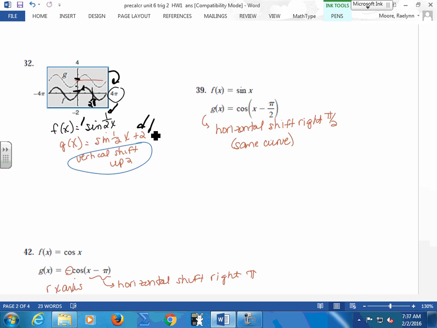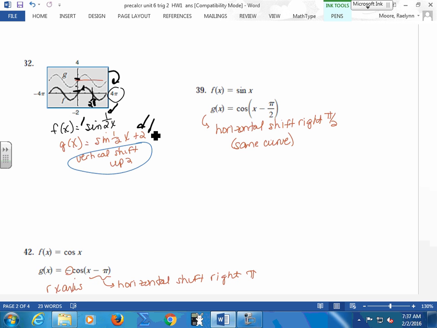Okay, this guy too. If you took your sine curve and you shifted it to the right 90 degrees, there's your cosine curve. They are the same curve. Can you put that in your calculator and see if they come out to be the exact same curve? Yeah, because your cosine curve is 90 degrees off from your sine curve.